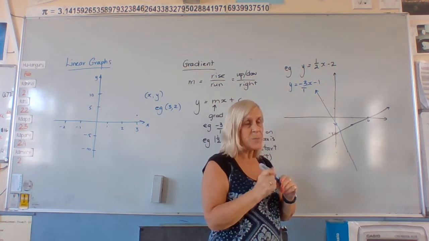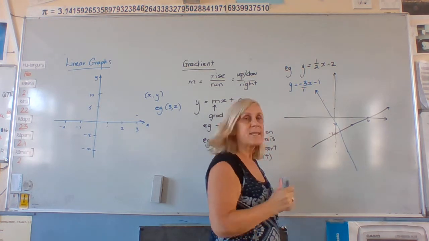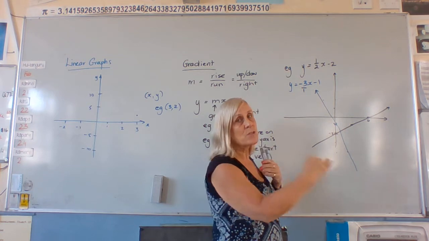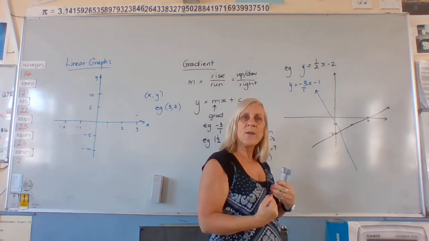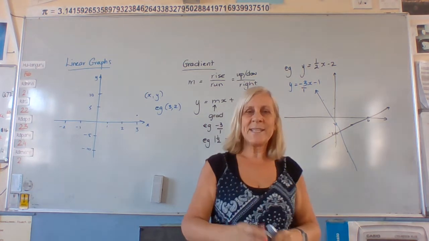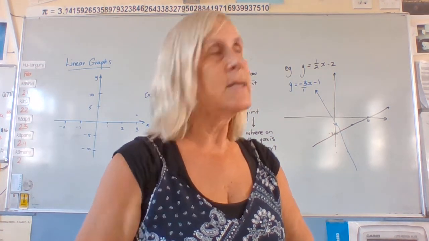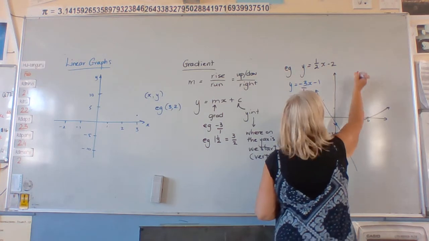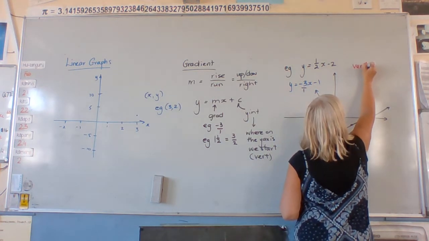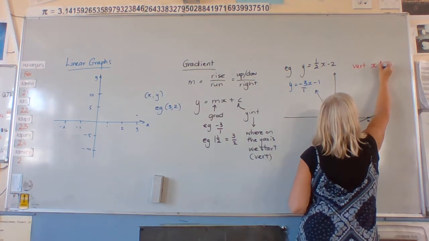There are two special sorts of lines that can come at us, and they're our horizontal and our vertical line. And we read them as where does it go through the x-axis or where does it go through the y-axis. So if it's a vertical line, it will go through x at k.